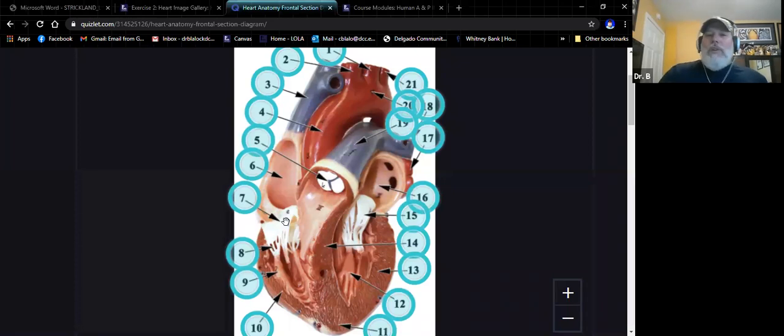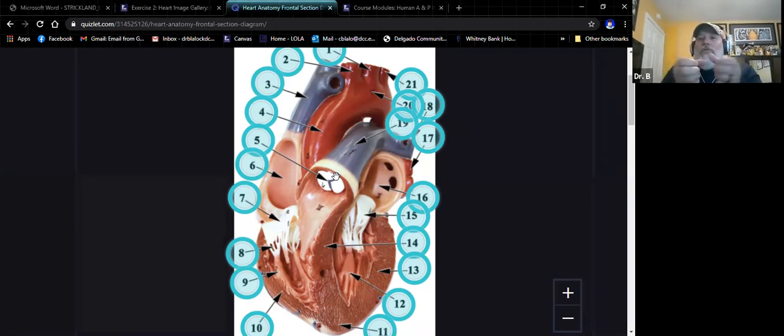When the atria are contracting, when these two atria contract, these two atrioventricular valves are open, and the two semilunar valves are shut. When the ventricles contract, these two valves are going to shut, and the two semilunar valves will open. So the heart will only ever have two valves open at a time.